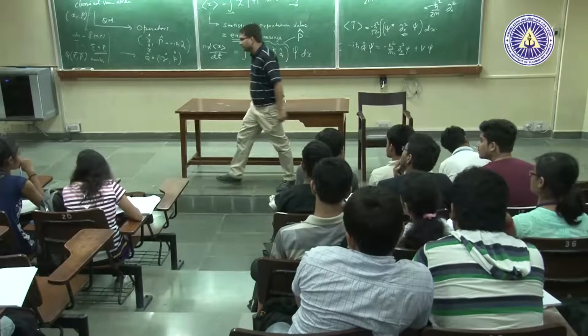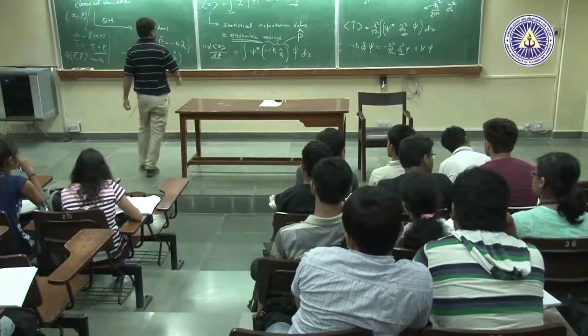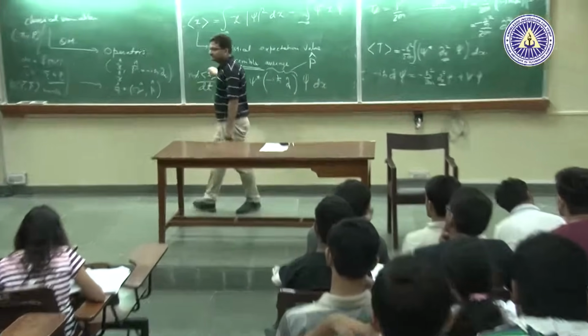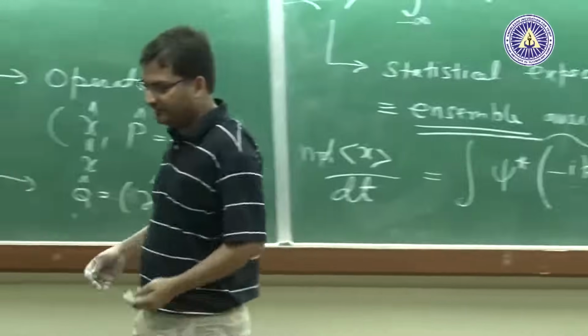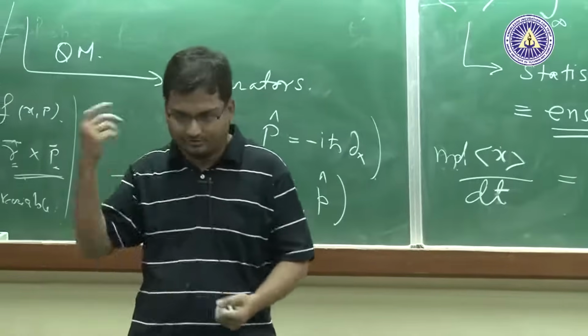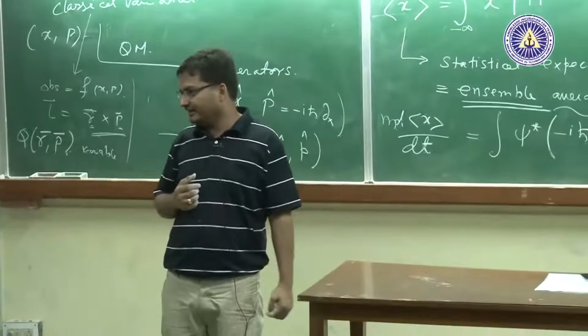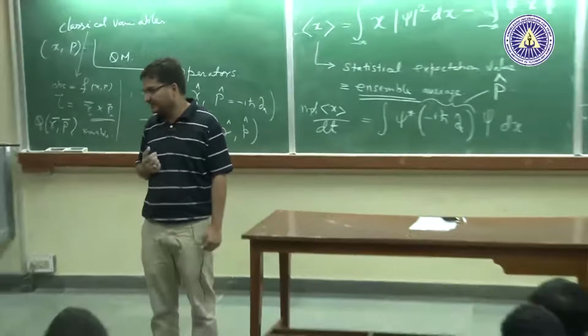So the question you should ask is, any observable that I calculate has to be a real number. My wave function can live in any space. It can be complex or even a more complicated object. It can be a vector, it can be anything else also.